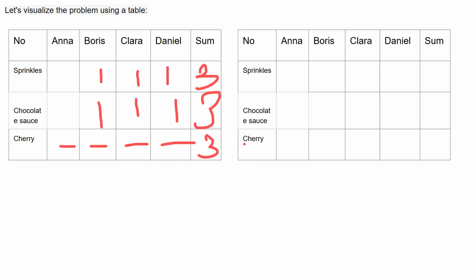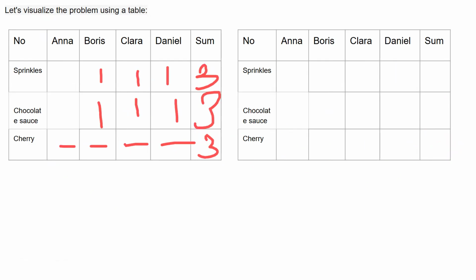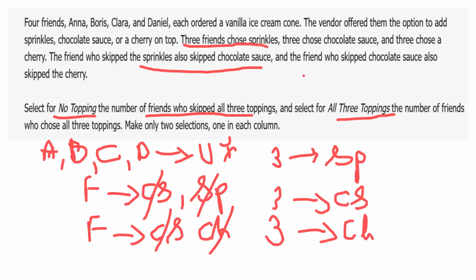So what do we know? We know that 3 friends chose cherry. So it could be any of the 3 among Anna, Boris, Clara, Daniel. Now how do we identify? That is the trick here. But this is easily solved. How? Very simple. What does it say? The friend who skipped chocolate sauce also skipped the cherry.